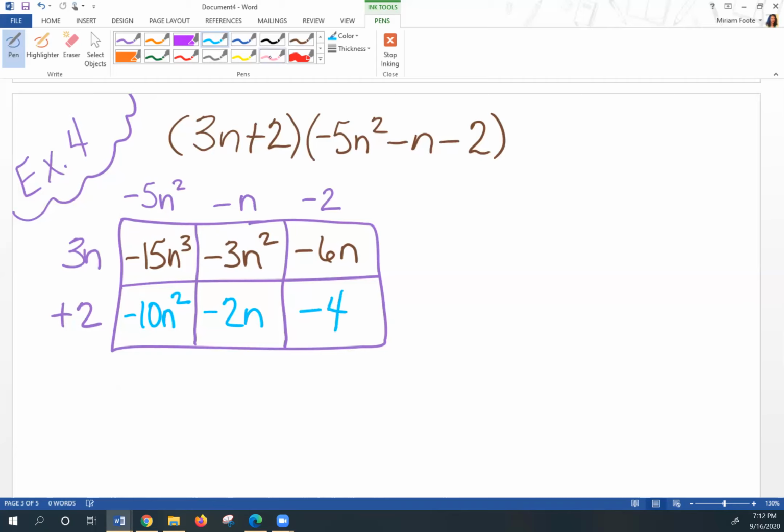At this point, again, I want to try to combine like terms, and they're typically diagonal, so they just jump out because they're diagonal.